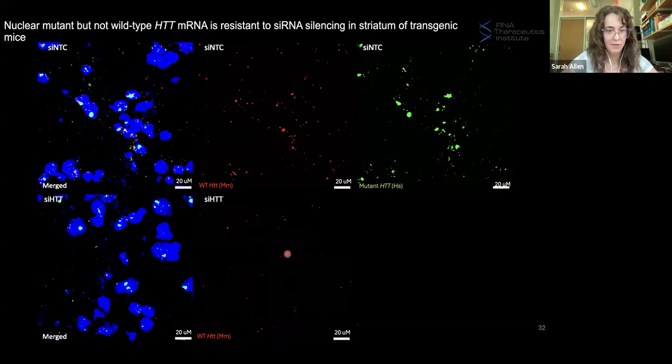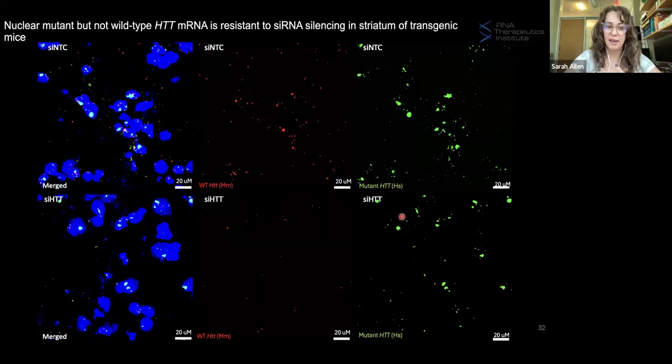You see that most of the red transcripts here are wiped out, especially in the cytoplasm. But when you look at the mutant human Huntingtin in green, we see that there is some resistance to the silencing, and that particularly the clustered structures here are still left over within the nuclei of cells, as are many of the nuclear transcripts.